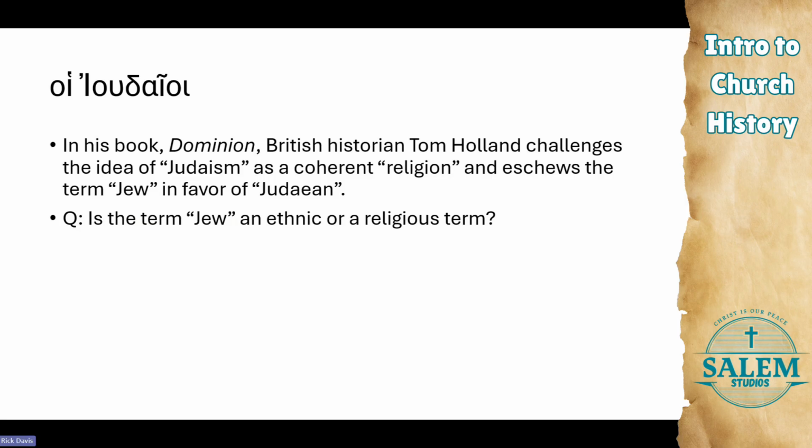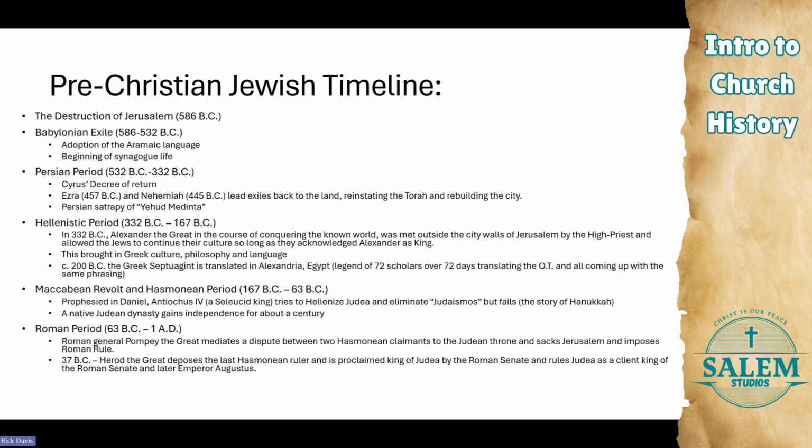All right. Well, we'll talk about the timeline of Hoi Judaioi, the Jews, as it is translated in our Christian New Testament. So we start with the destruction of the temple in 586 BC. Nebuchadnezzar, the king of the Babylonian Empire, comes through, besieges Jerusalem, and carries off the royal seed and the captives to Babylon, where they are for about 70 years.